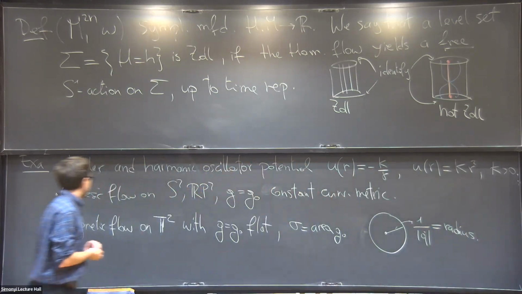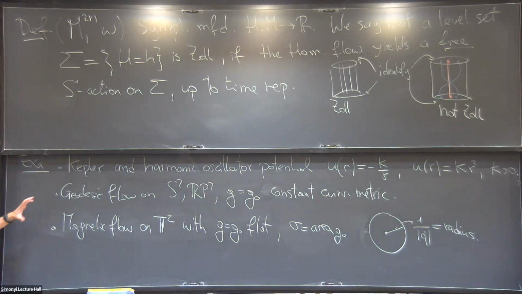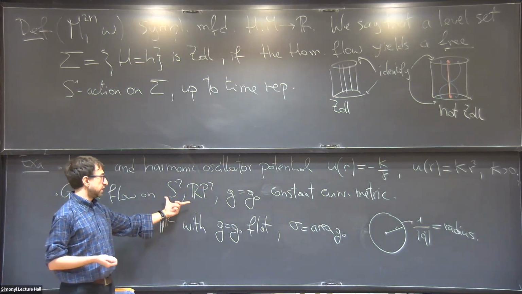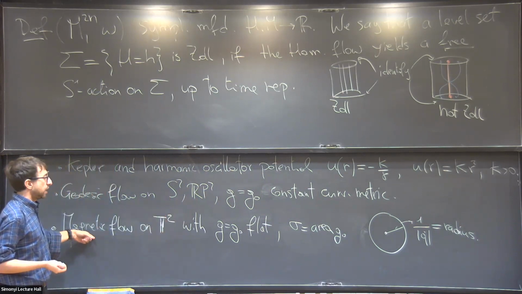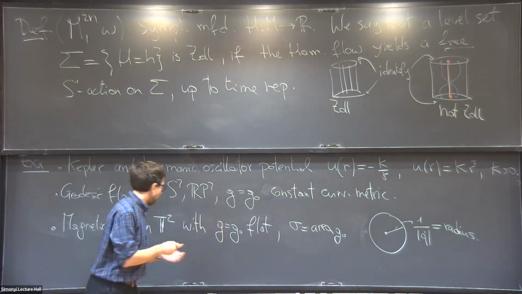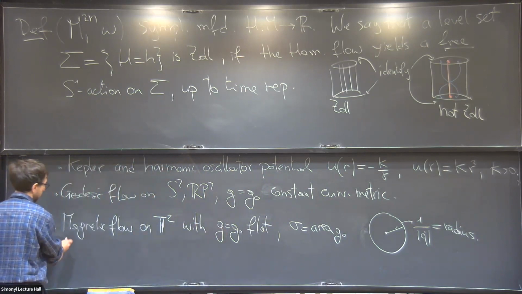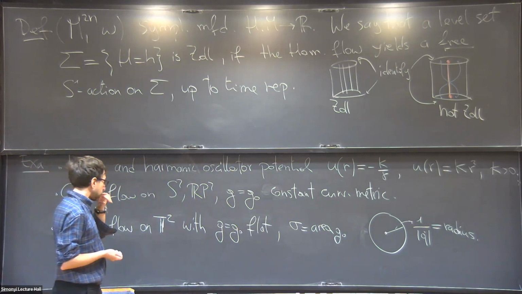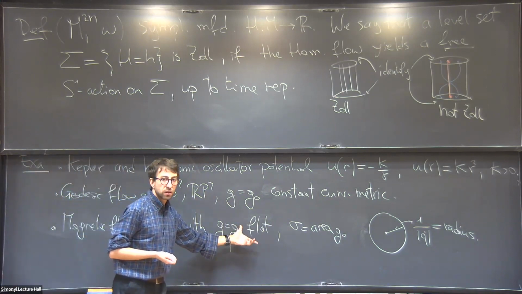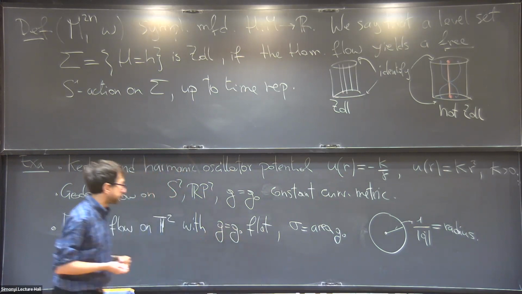Already here there is some flexibility and rigidity phenomena, in the sense that if you look just at surfaces, these are the only two surfaces admitting geodesic Zoll flow, while here you can do the same construction on every surface. You would find something similar if you put here a metric of constant Gaussian curvature.